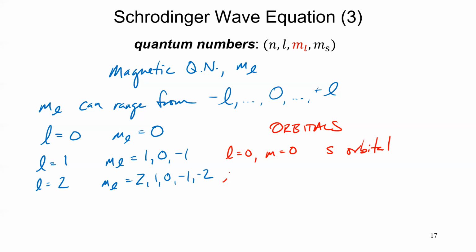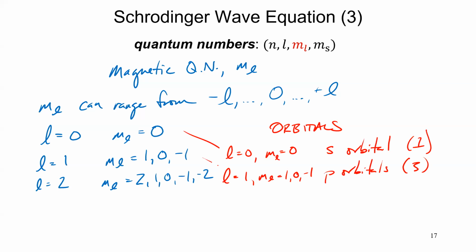When L is 1, M sub L can be 1, 0, or -1. And so we call those p orbitals. And there's 3 p orbitals, right? There's only one s orbital, but there's 3 different p orbitals. They're associated with each value of M sub L.